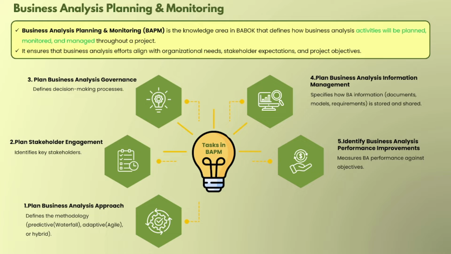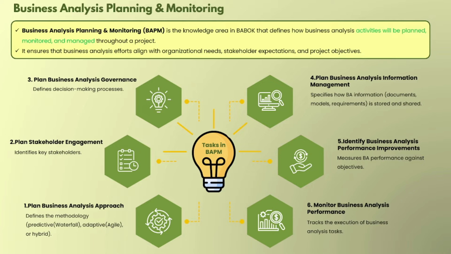It's like introspection. Look back at what's working or what's not working, and then think about how to do BA work better next time. And the last is monitor business analysis performance. It is like keeping an eye on how the BA work is going, checking if things are on track, and adjusting if needed to stay efficient.